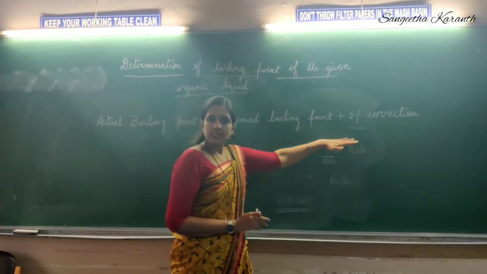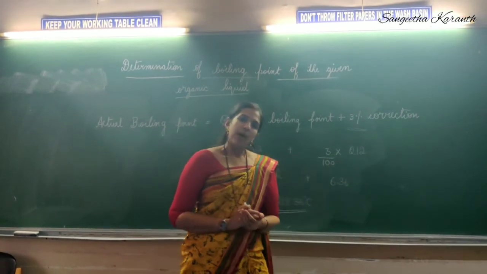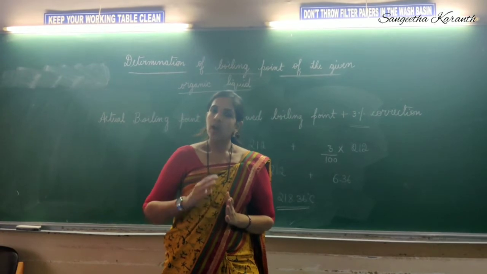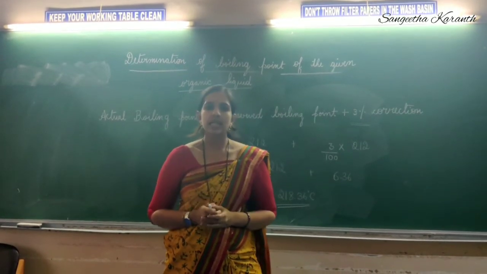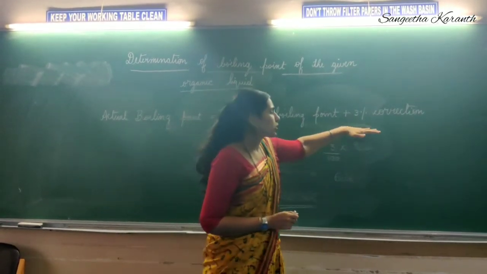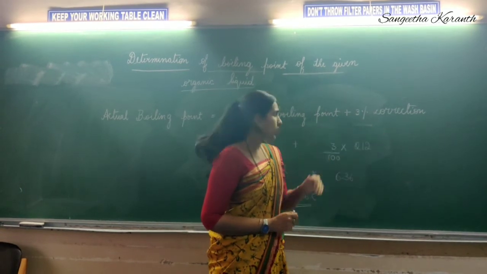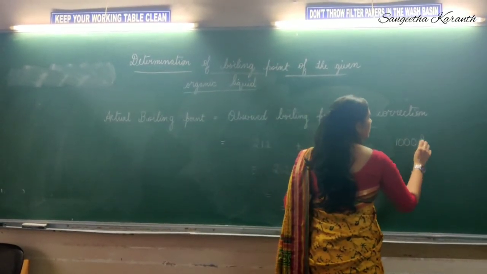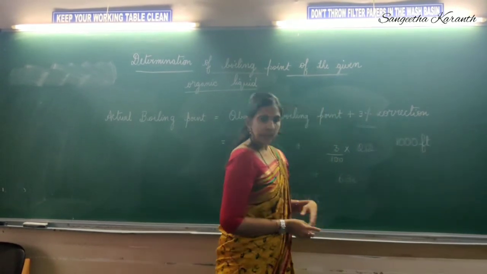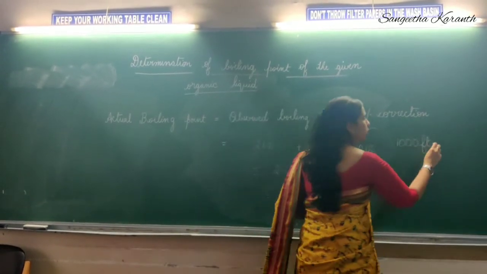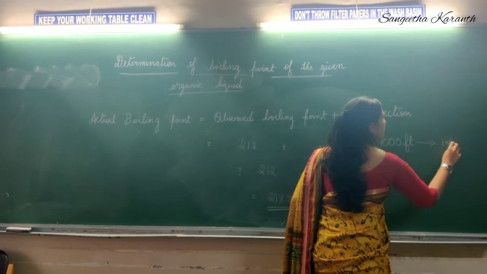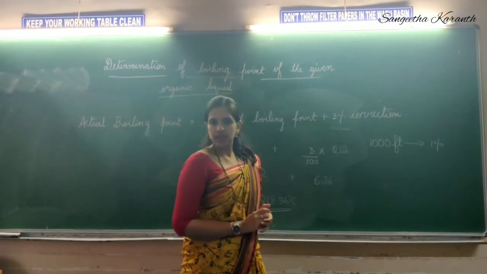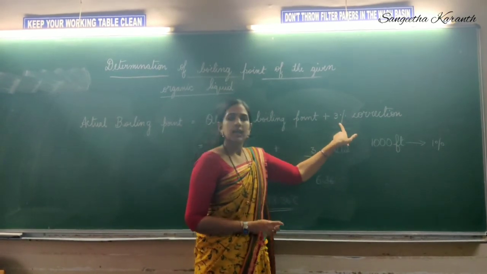As we are performing this experiment in Bangalore, which is 3000 feet above sea level, we need to apply the correction based on how many feet the place is above sea level. For every 1000 feet above sea level, it is 1% correction. Since Bangalore is located 3000 feet above sea level, we need to add 3% correction.